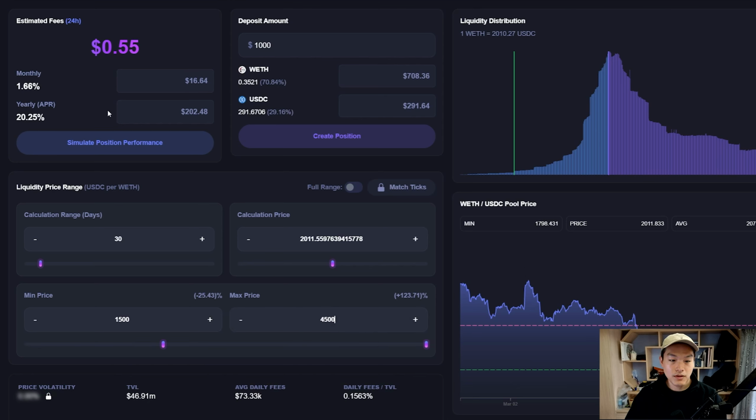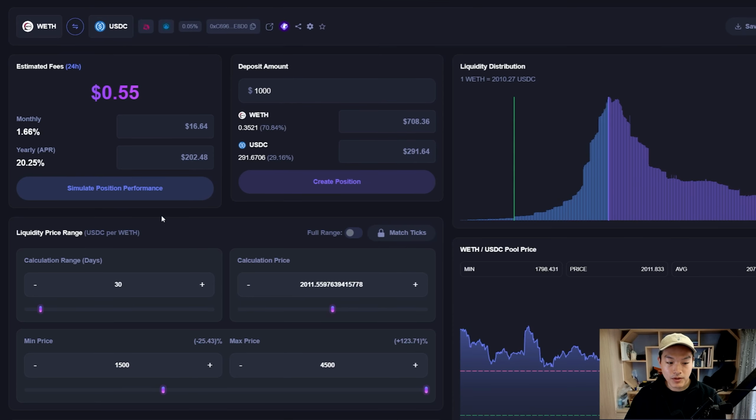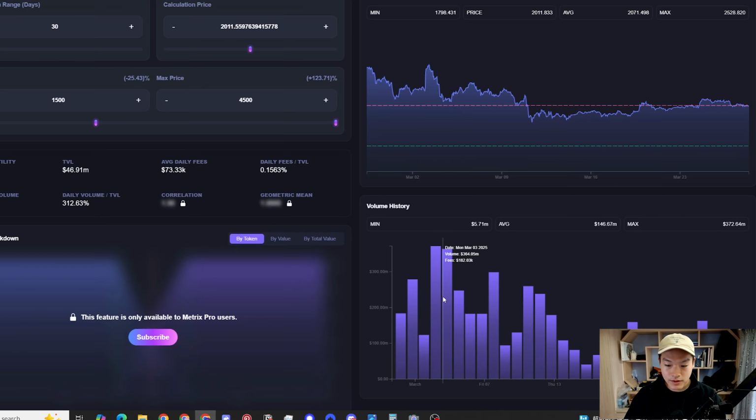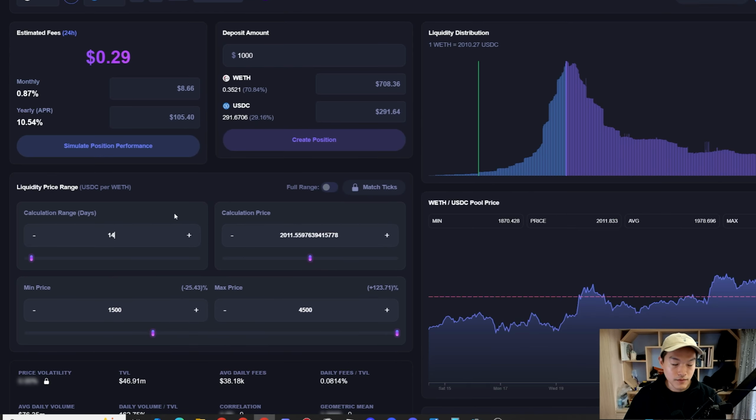So you can see here at the peak of the liquidity, it's only around 20% APR based on the last 30 days volume. And you can see the volume has been dropping quite a bit. The average is around 146 million. If you reduce this to 14 days, it's only 10% APR.